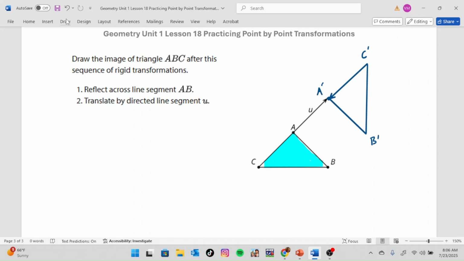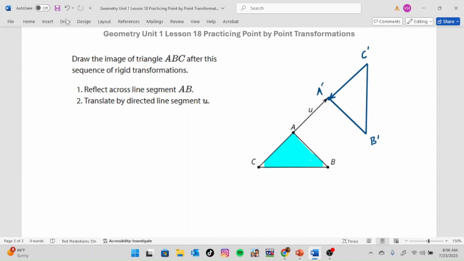So reflecting is when we flipped it, translating is when we moved it up and to the right. And then our new points are now going to be A prime, B prime, C prime. I hope this makes sense to you. If you do still have any questions, please leave a comment below.